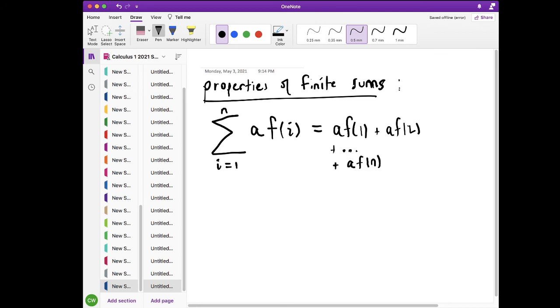Okay, so what can you do in the sum? Can you do something? Can you maybe factor? What can you factor from all these terms? There's an a in all of them, right? So this is going to be a times f of 1 plus f of 2 all the way to f of n.